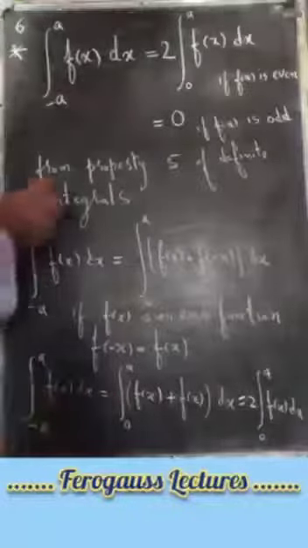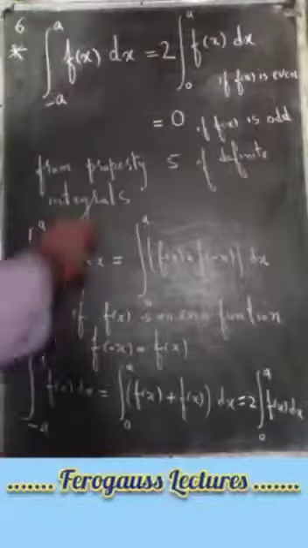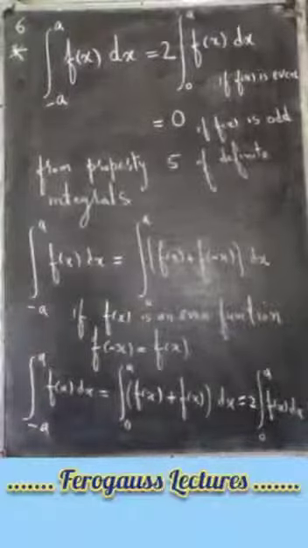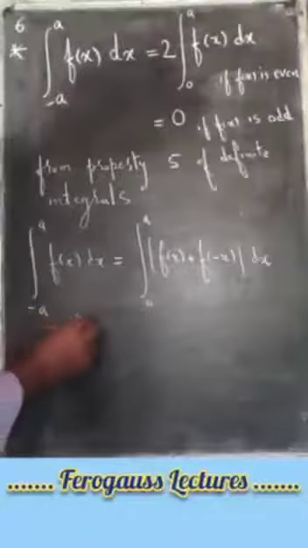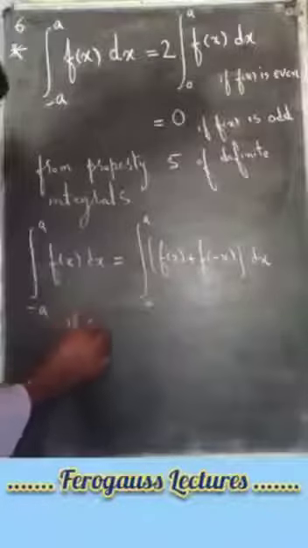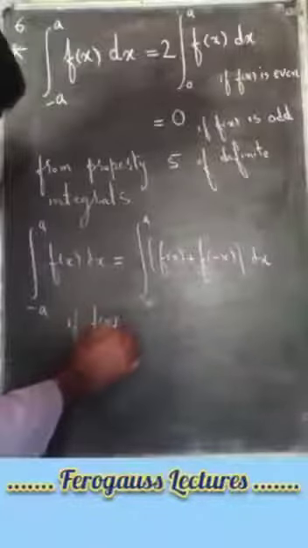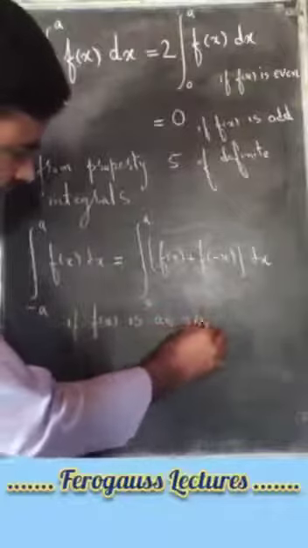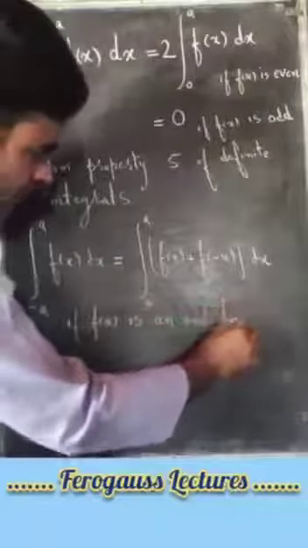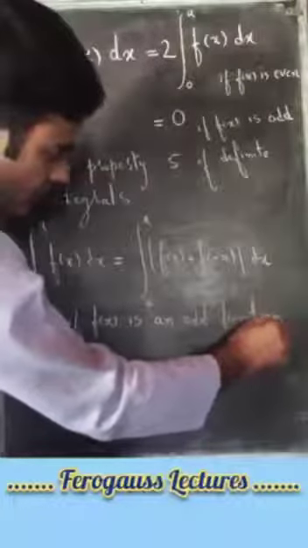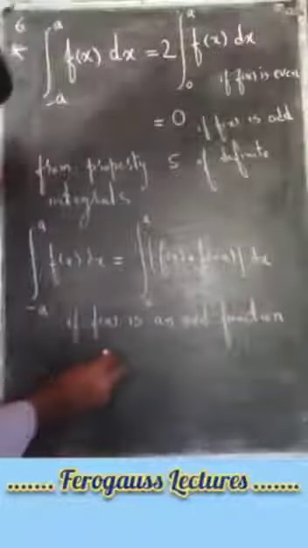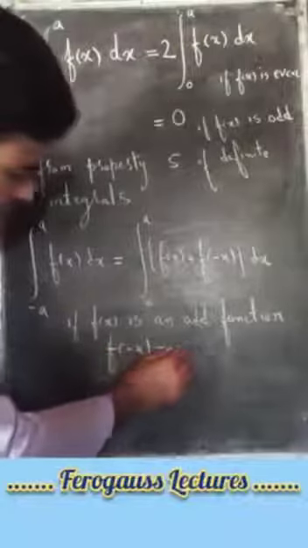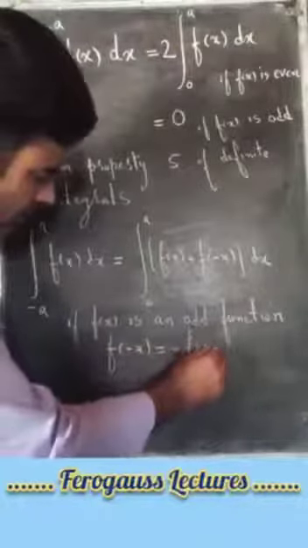Now we will prove the second part, that is when f(x) is an odd function. Now if f(x) is an odd function, then f of minus x is equal to minus times f of x.